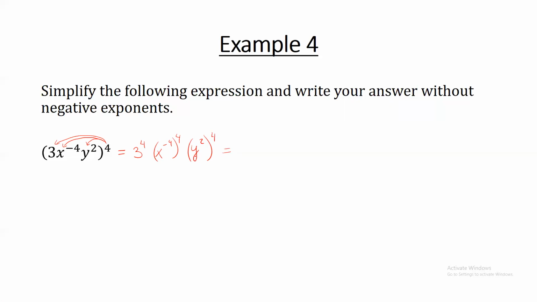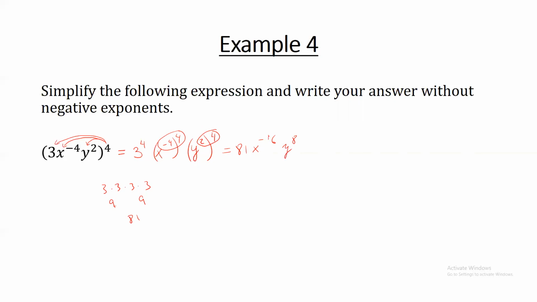And what that means is 3 to the fourth power, well, that's 3 times 3 times 3 times 3. 3 times 3 is 9, 3 times 3 is 9, and 9 times 9 is 81, so that was easy. And here we just multiply the exponents, x to the negative 16, y to the 8th, right? 2 times 4 is 8.